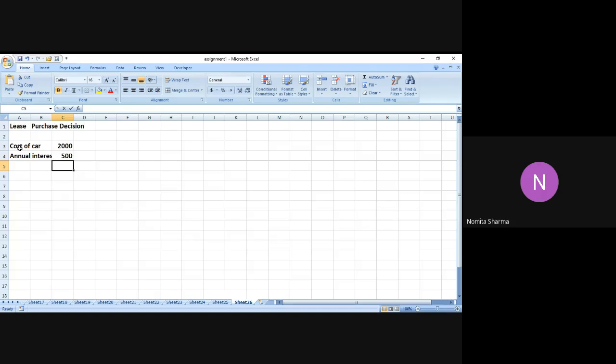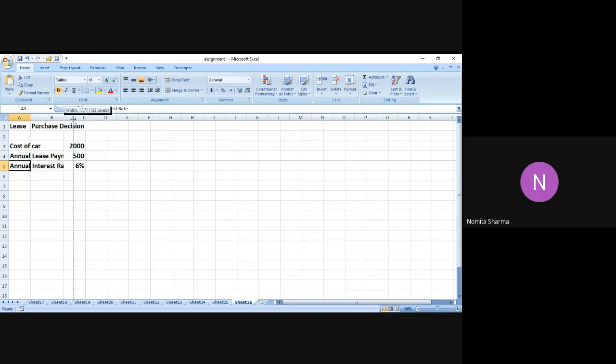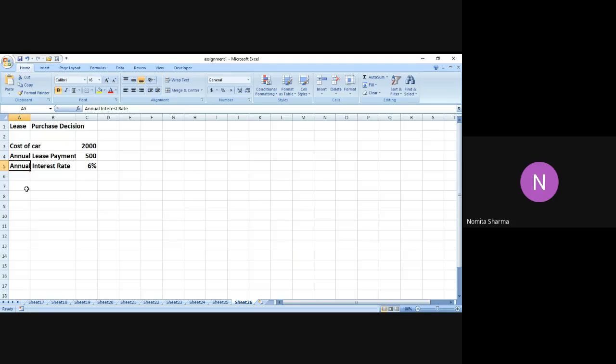We can take 6% also, we can take any percentage. Let me just write it over here: annual lease payment and annual interest rate.